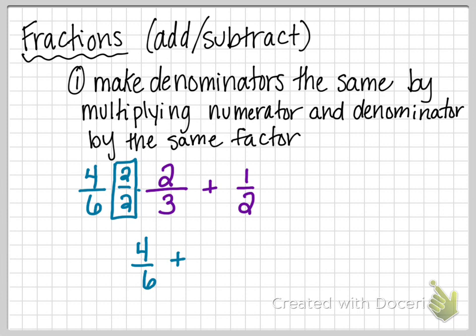What would we multiply 1/2 by? Alexis? 3. So we're going to multiply by 3 on the top and 3 on the bottom. 2 times 3 is 6. 1 times 3 is 3. Okay, now that we have a common denominator, we'll go to the next slide.